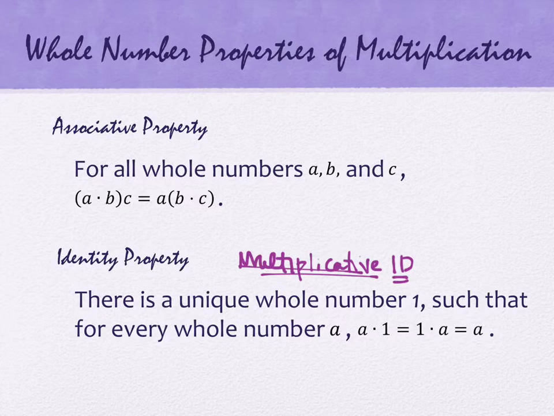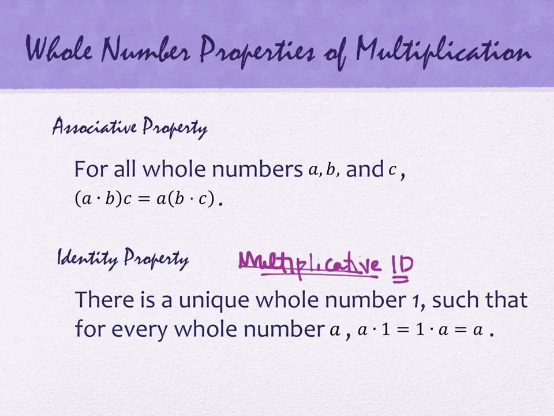But the word multiplicative needs to be on there. What was our additive identity value? 0. So the multiplicative identity value is different. It's the value 1. It's the value such that when we multiply it by something on either side, so A times 1 or 1 times A, we don't change the value we're multiplying, the A. It becomes A just like it was before.